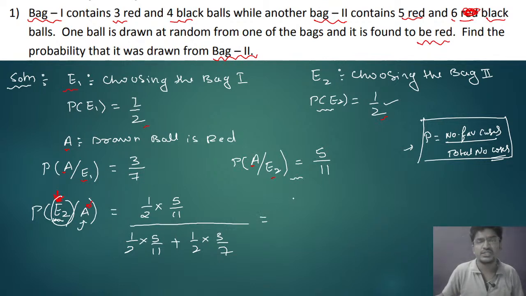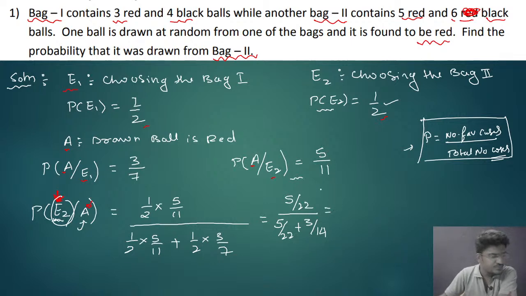Now we have to simplify this. That is 5 by 22 divided by 5 by 22 plus 3 by 14. You have to take LCM and simplify. 1 by 2 into 3 by 7 is 3 by 14.